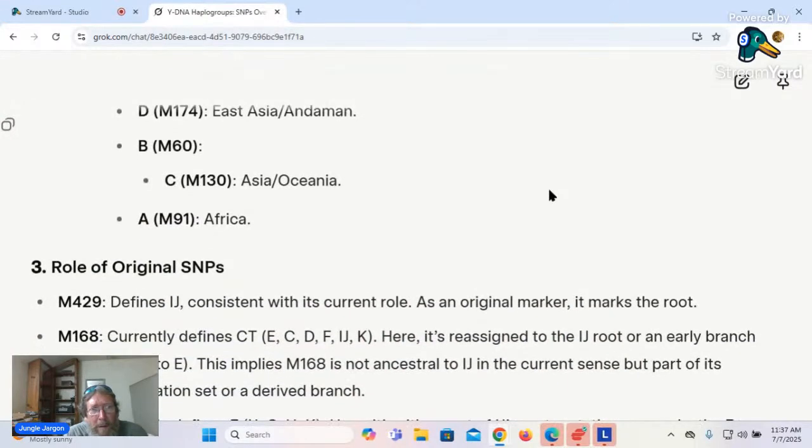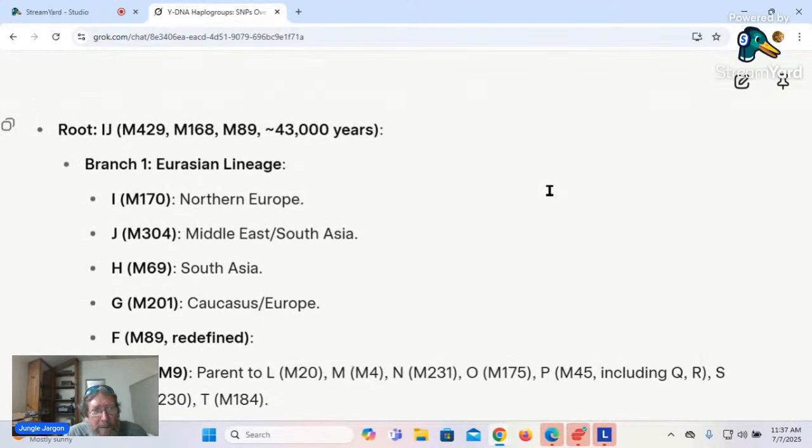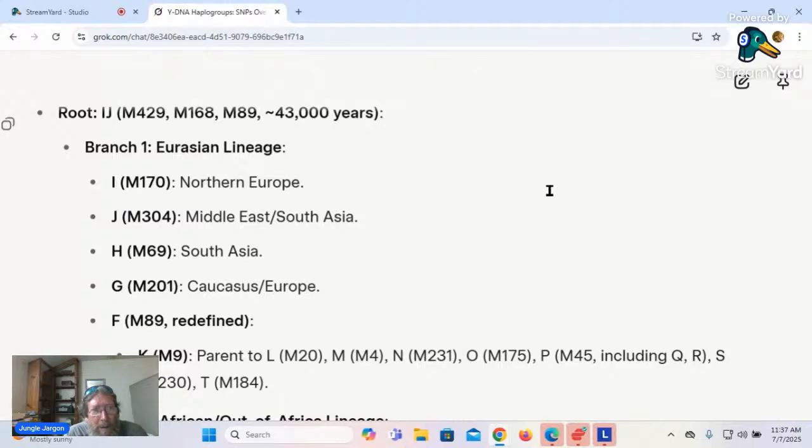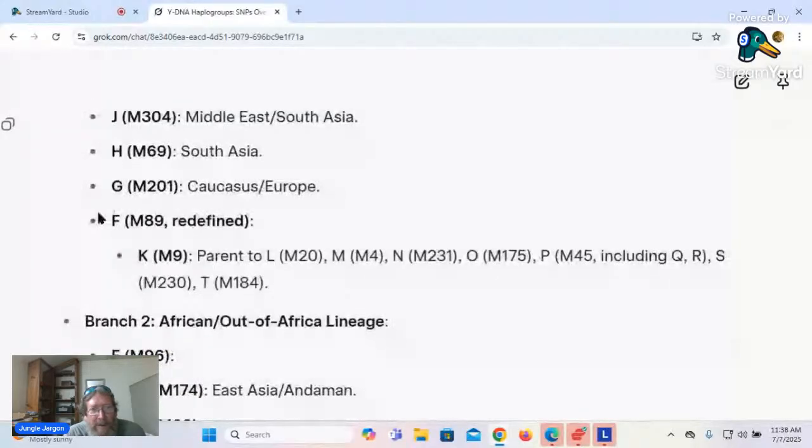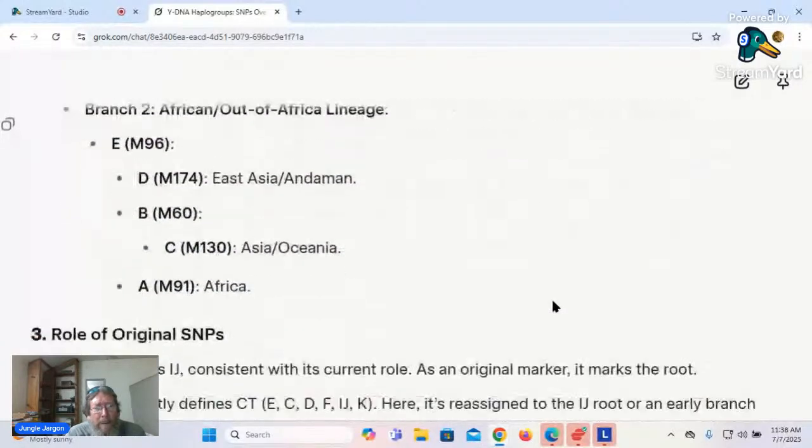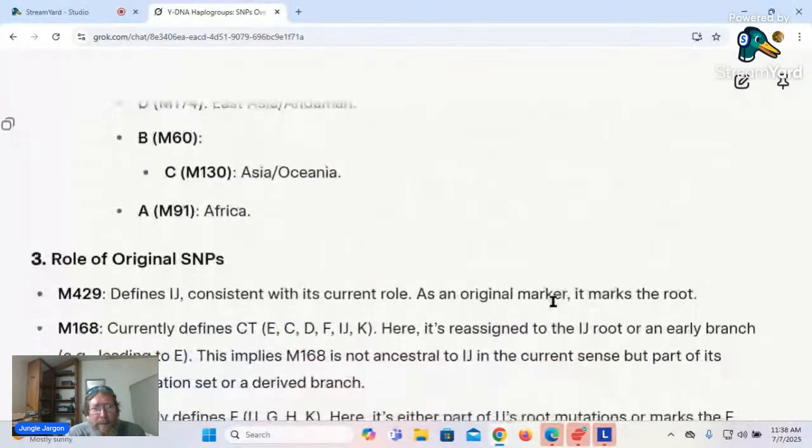So let's see if they got anything going on here. Here he has I before J. I branches off from J, so I should be after J. H, G, and F. M89 redefined. But no, that's not the defining marker of F. F has its own defining markers.